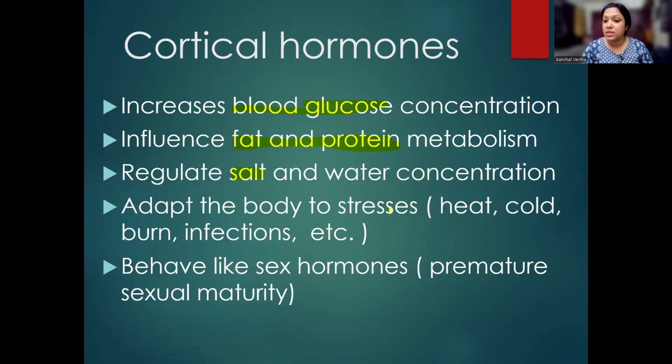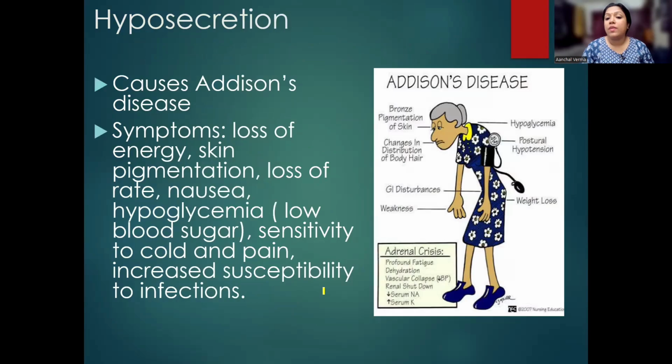It adapts the body to stress like heat, cold, burn, infection. In all these cases, the cortisols play a very important role. In some cases, it behaves like sex hormones, androgens, which help in premature sexual maturity. Now, when you talk about Addison's disease, there's a trick to remember.